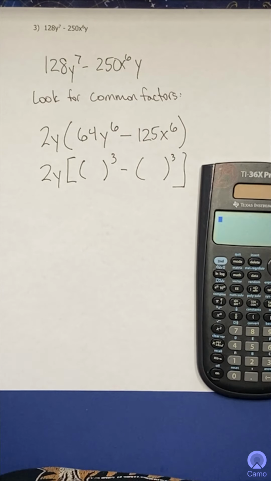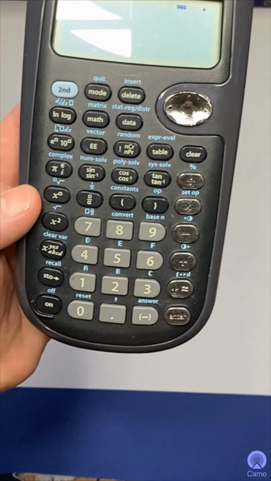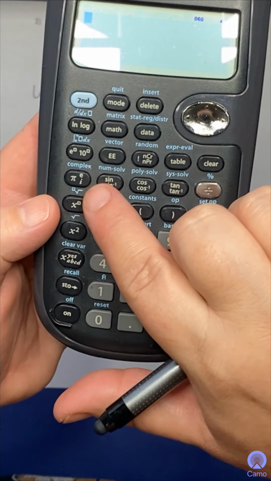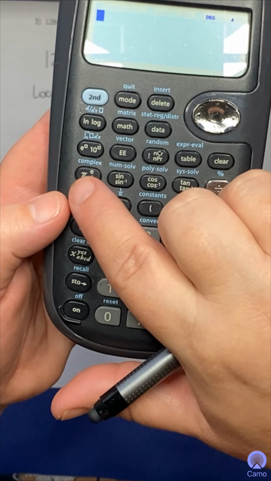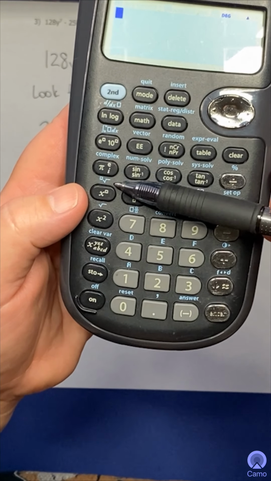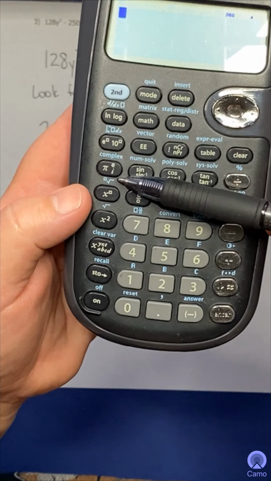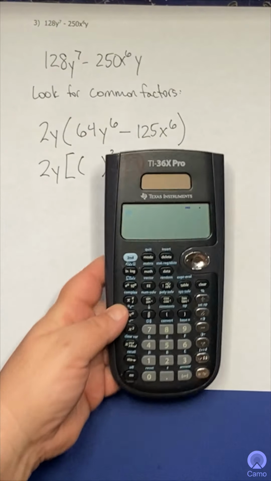So if you look on your calculator, not all calculators will have this. Let me see if I can get this to focus up close. But my calculator, you see right there, it has the little box with a square root. Let me use the pen because that's going to be slightly easier. See that box with what looks like a square root? You can do cube root.